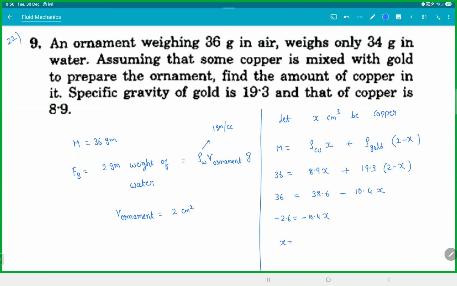We get X equal to 1/4 cubic centimeter, that's 0.25, so 1/8 of the volume. Therefore, the mass of the copper will be density of copper, which is 8.9, times 1/4. That's approximately 2.2 grams of copper. So out of the 36 grams, someone mixed in 2.2 grams of copper.